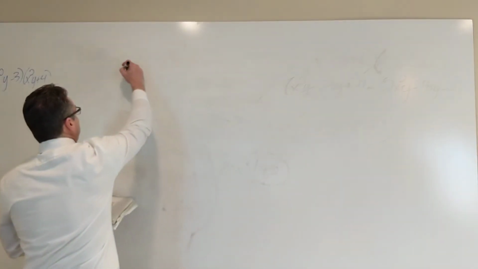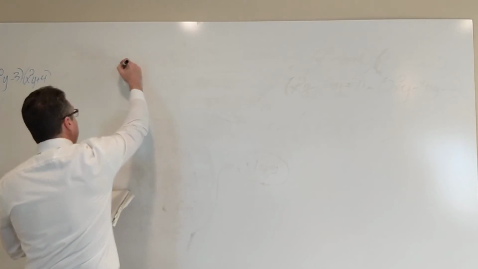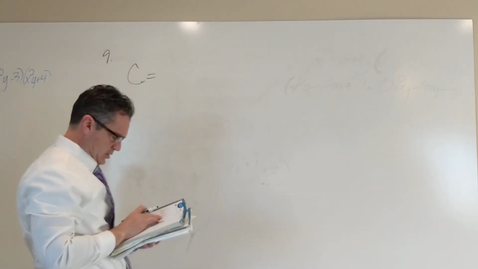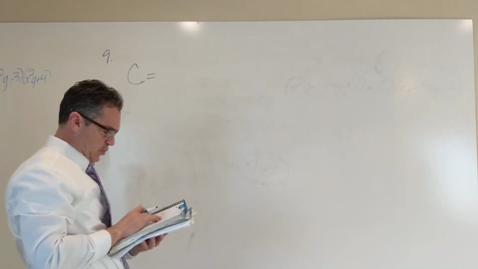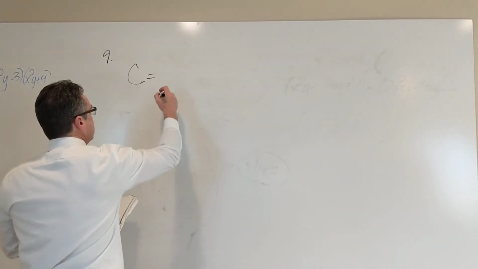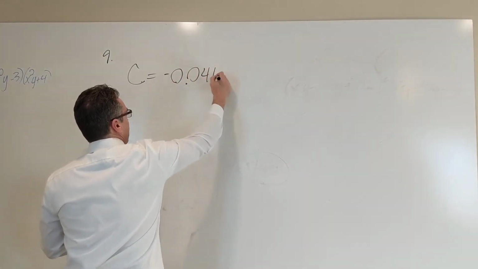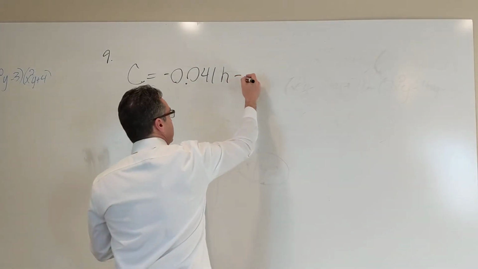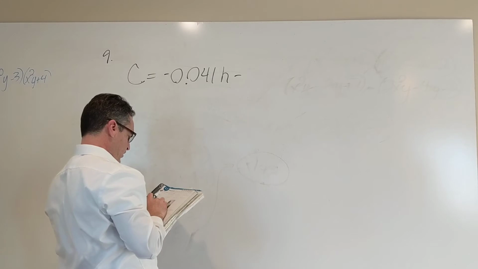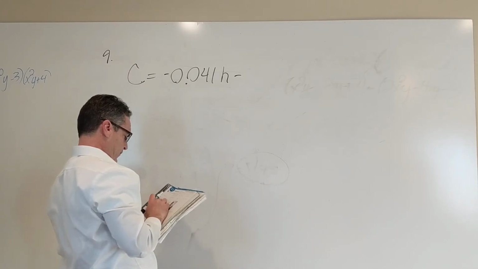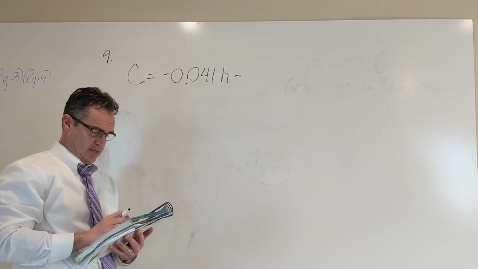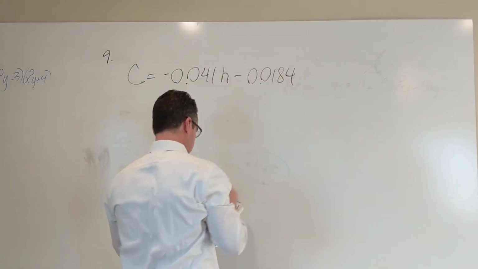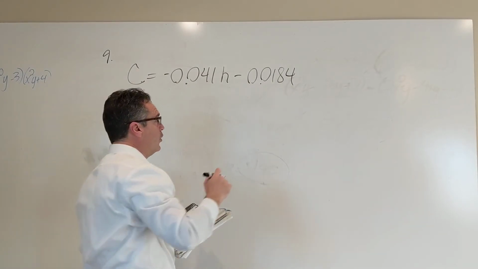Okay, so we've got C on that problem right there. This is number 9 in your homework. C equals negative 0.041H minus 0.018A minus 2.69.